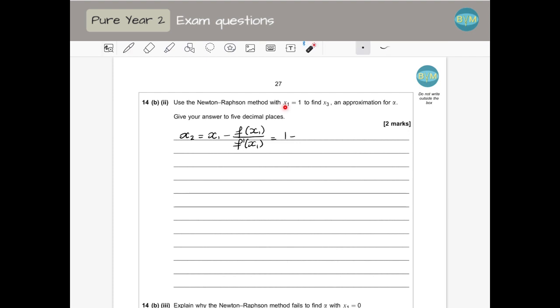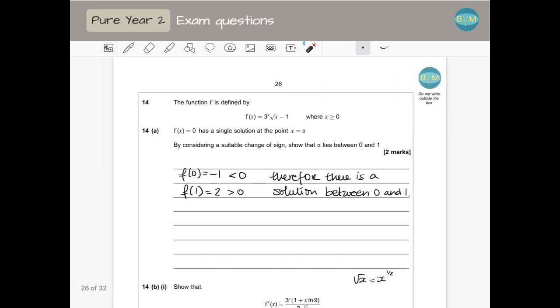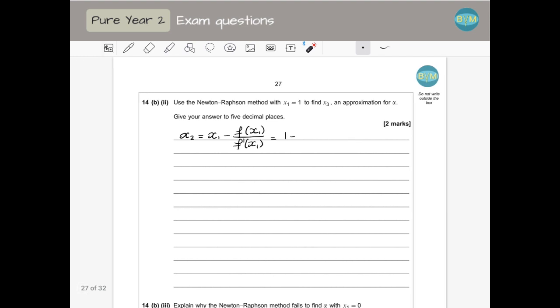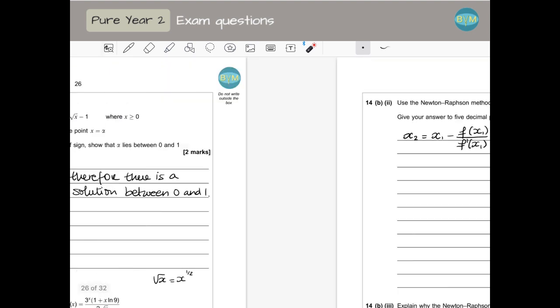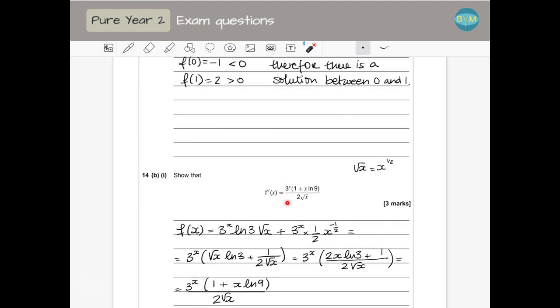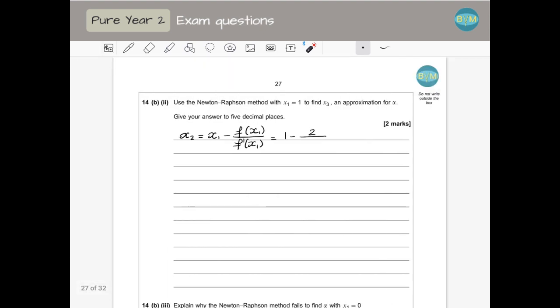f(x1) is f(1) that we already found. f(1) was 2, so I can use that. Then divided by f prime of 1. f prime was this function here, so I'm just going to substitute 1. So I have 3 to the power of 1, so 3, times 1 plus 1 ln 9, divided by 2 root x, and x is 1, so 2, because root 1 is 1.